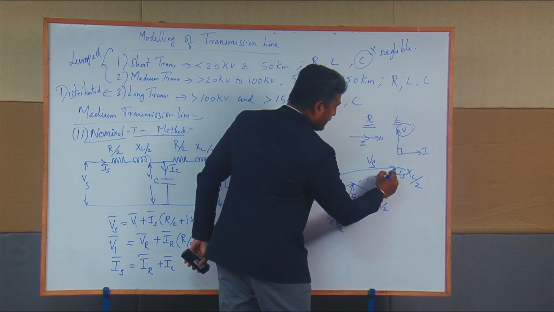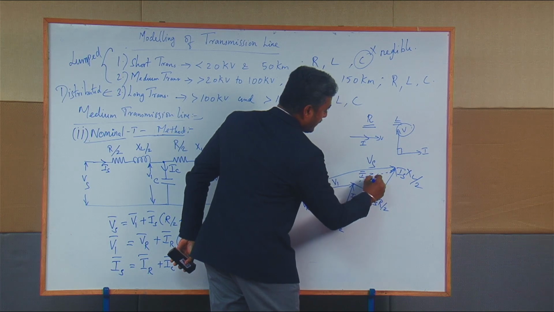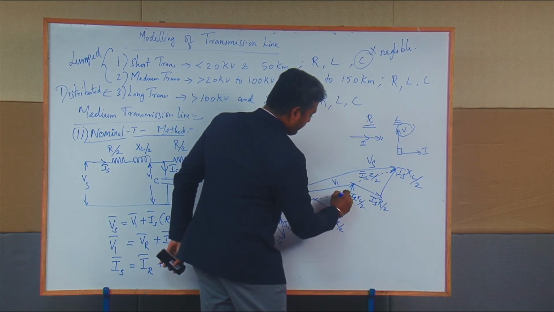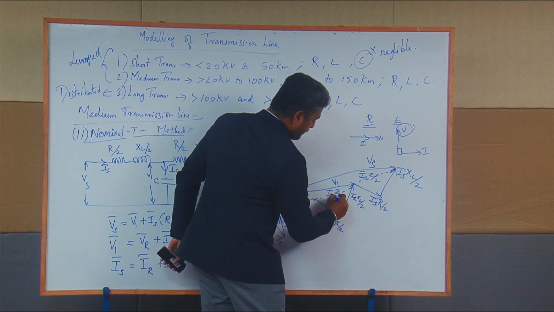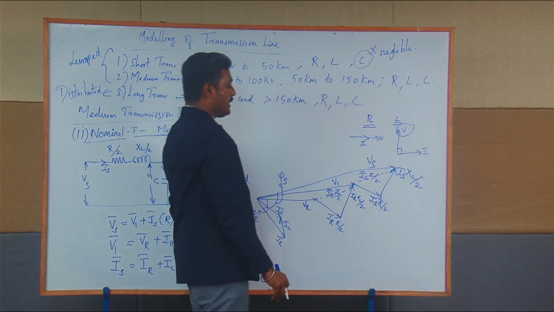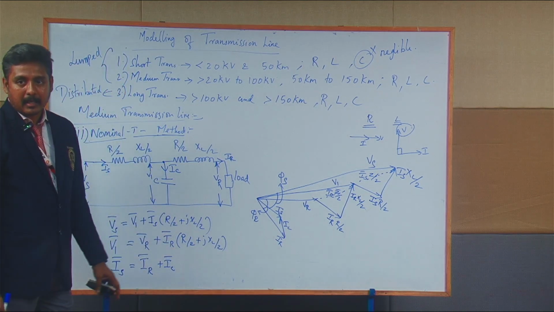You can also write the impedance drop here, Is vector into Z by 2, and IR vector into Z by 2. This is the phasor diagram for the nominal T method.